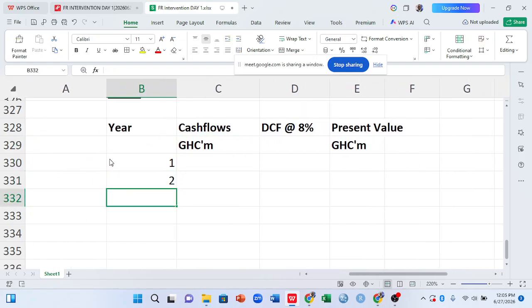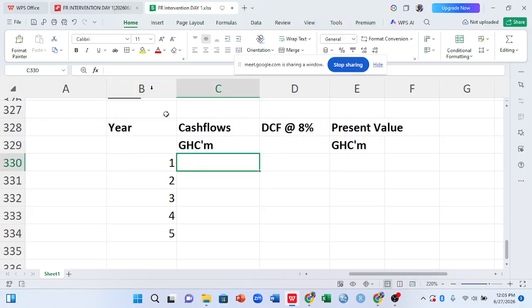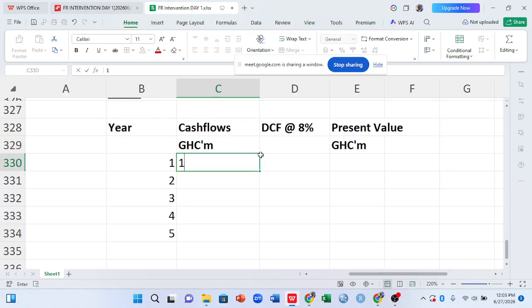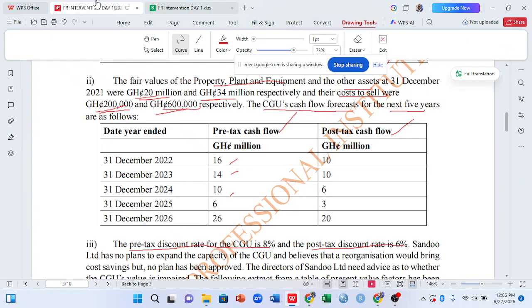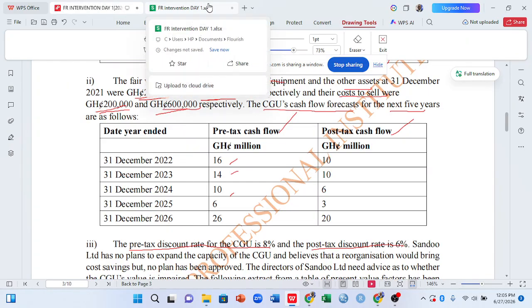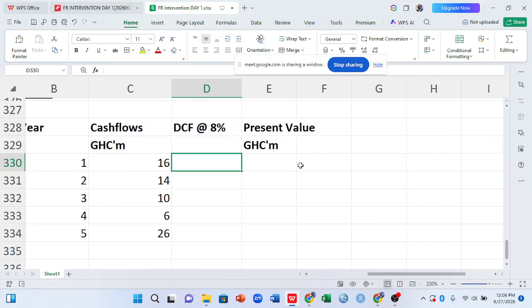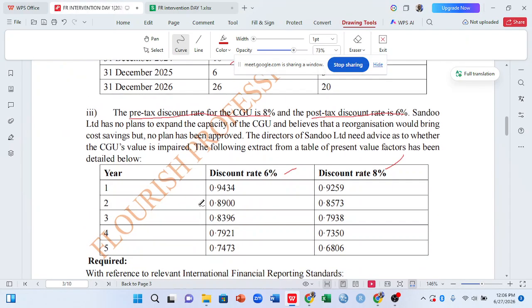The years is for 5 years. We bring their respective cash flows: 16, 14, 10, and then the last two are 6 and 26. We bring their respective discounting factors for each year.